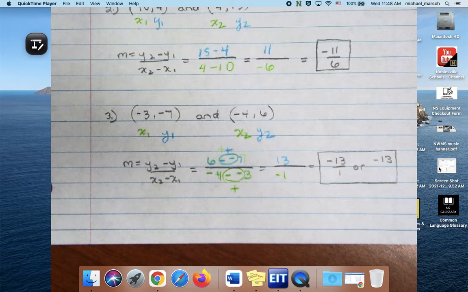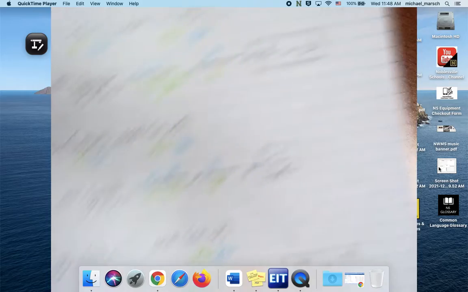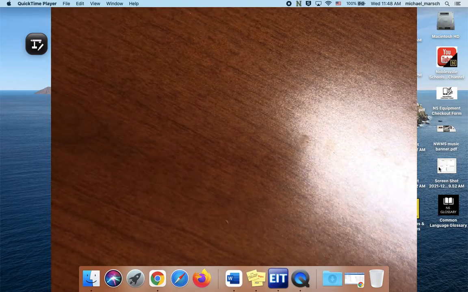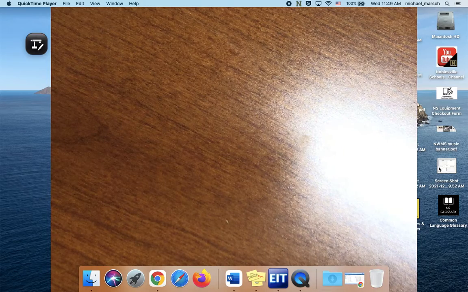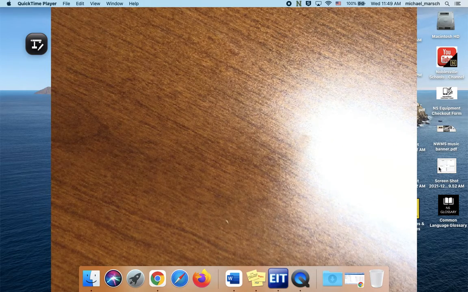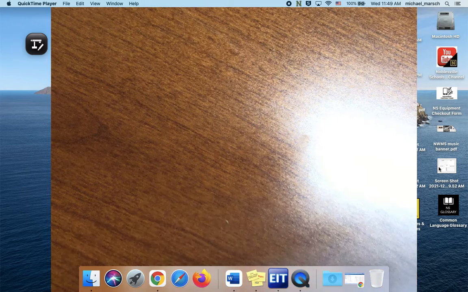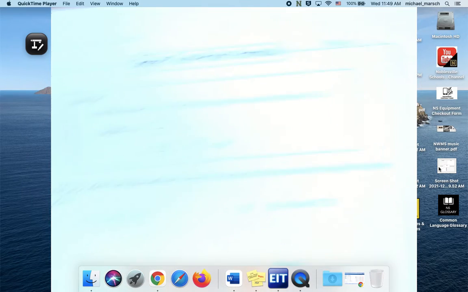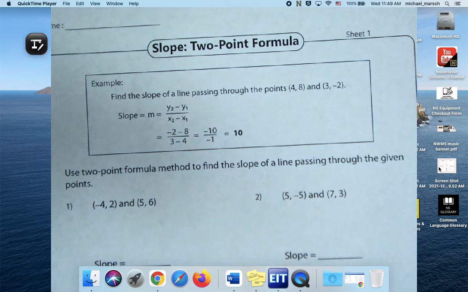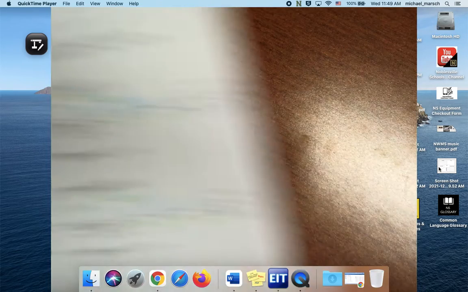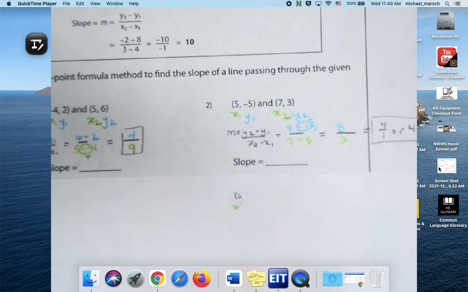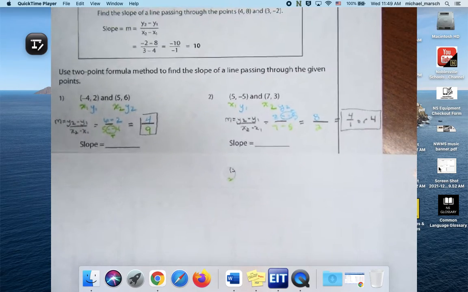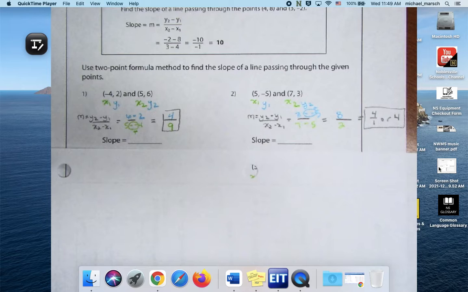Okay, I do want you guys to practice on the paper how we did it in the notes, with the color coding and writing the formula out. If you look here, I'll show you what 1 and 2 would look like. You would label them.